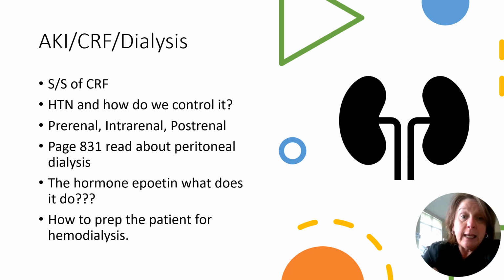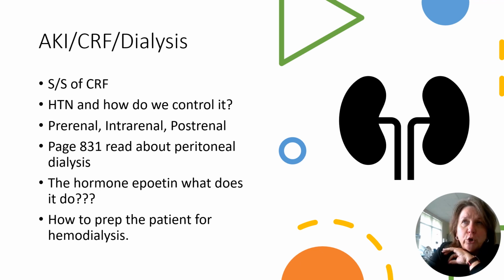So the AKI, chronic renal failure, acute kidney injury, and dialysis, I just put on one slide. But go back and look at your signs and symptoms of chronic renal failure. Those are the things that you need to know. One of the things with renal failure or acute renal injury is we have hypertension.